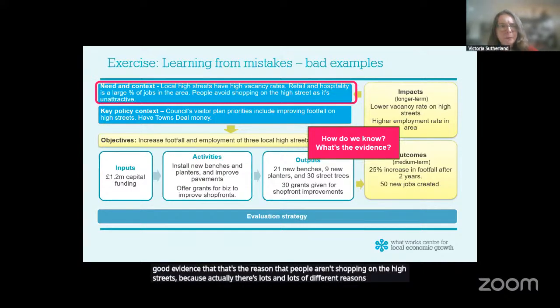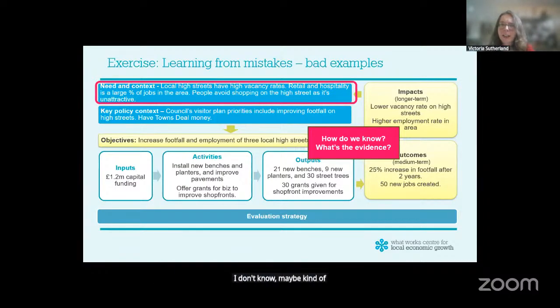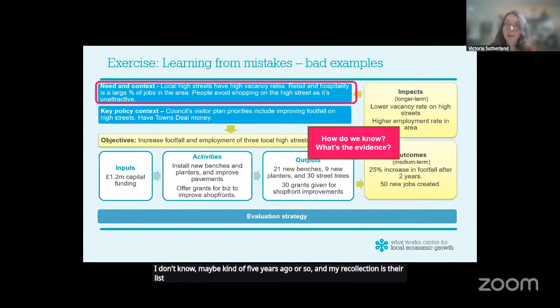I think there was a big review of high streets maybe 5 years ago, and my recollection is their list of reasons why high streets were struggling had 30 or 40 different factors on it. So I'd really want to tie into that one.